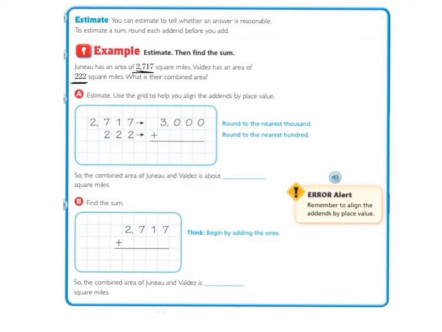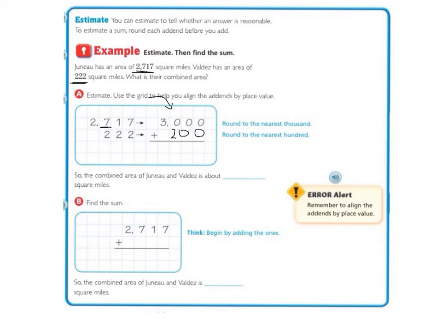So the first thing that I want to do is I want to round these numbers so that they're easy numbers for my brain. If I look at the first two numbers, I have a 2, but then right next to it I have a 7. And 7 means I'm going to round up. So that I'm going to round up to 3,000. Then I look at 222. 22 is not very high, so I'm going to leave this at just 200.